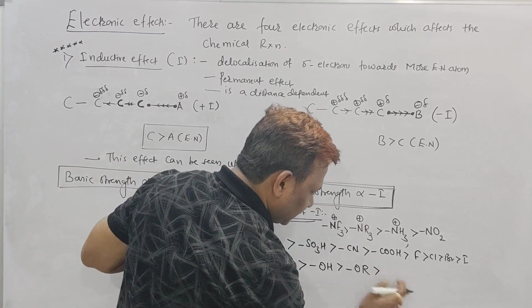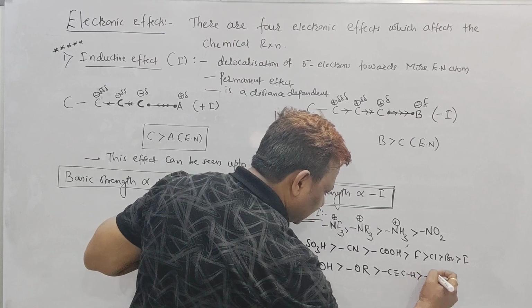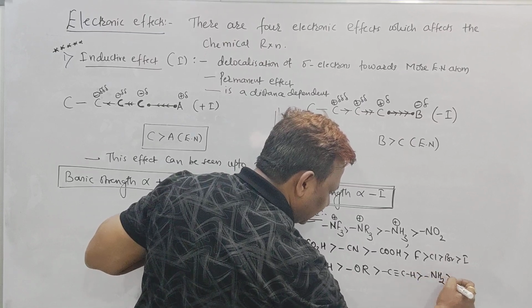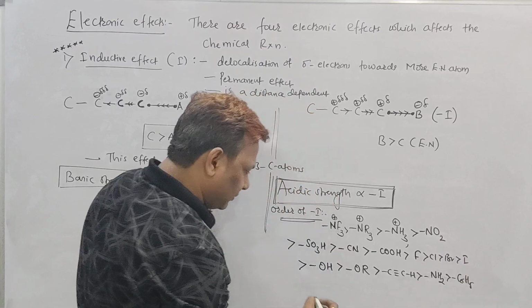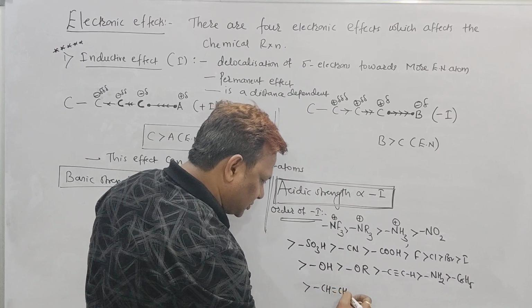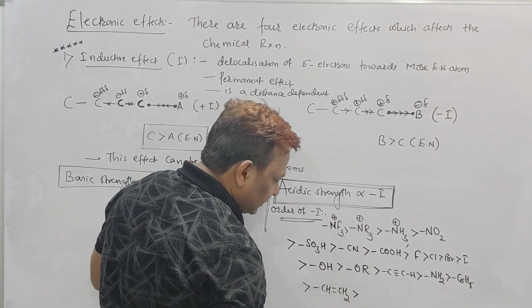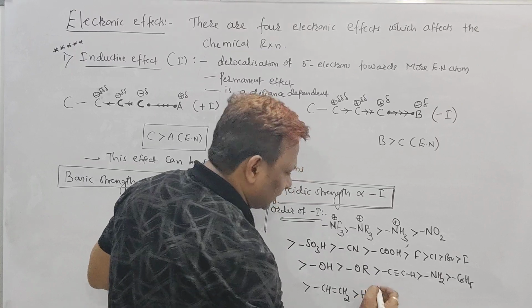Then NH2 will come. Then phenyl will come, C6H5. After that the double bond will come, CH double bond CH2. And at last it will come as an alkane, and then hydrogen will come.